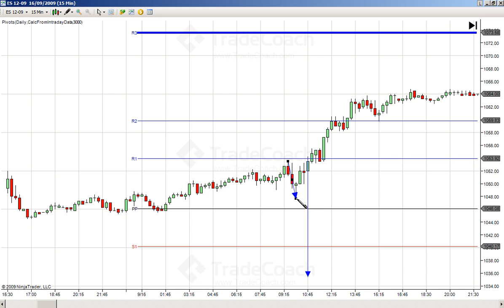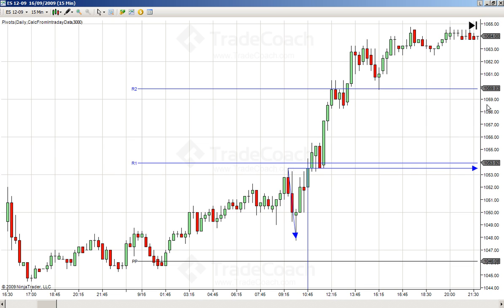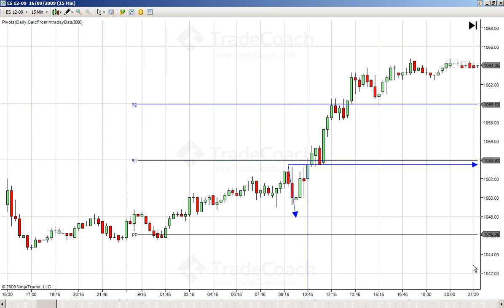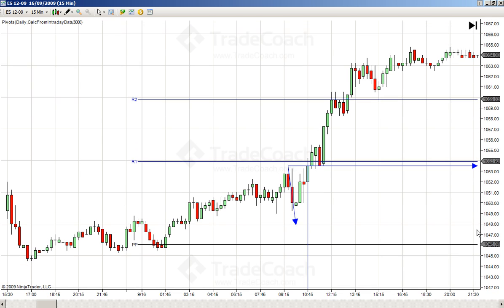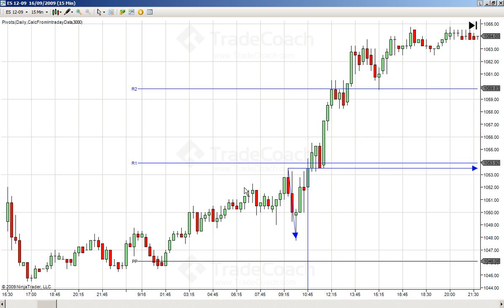But we did have a slight movement down through here. And that was about half a point away. And that bounced it down 5 points. Quite good.